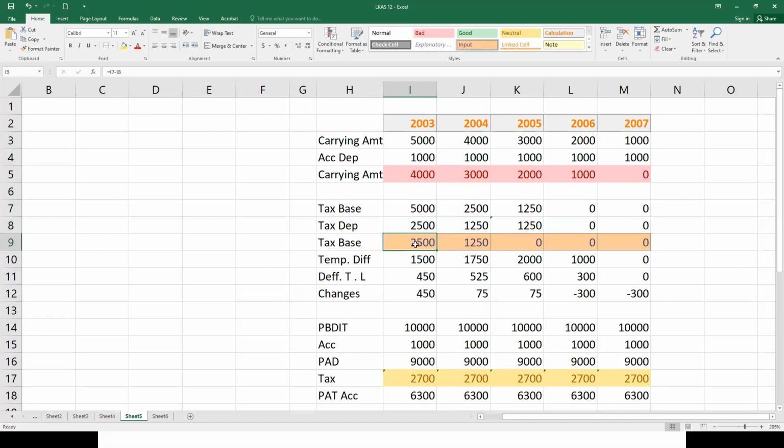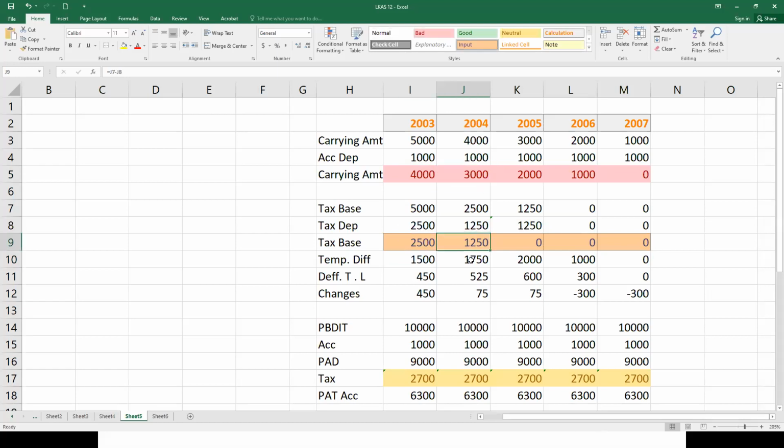Then we found the tax base. The difference between the carrying amount and the tax base is the temporary difference.